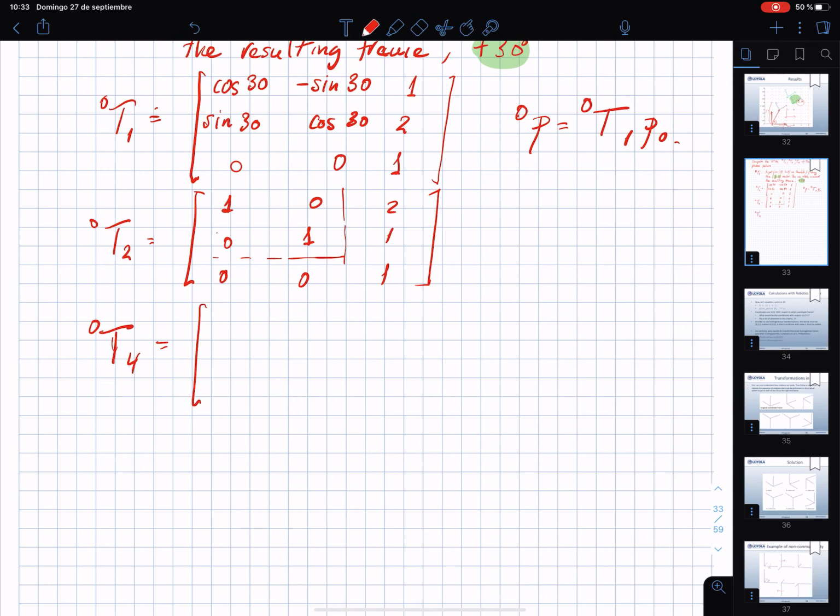from 4 to 0 is the one corresponding to a translation of 3, and then the cosine of 30, minus sine of 30, sine of 30, and cosine of 30.